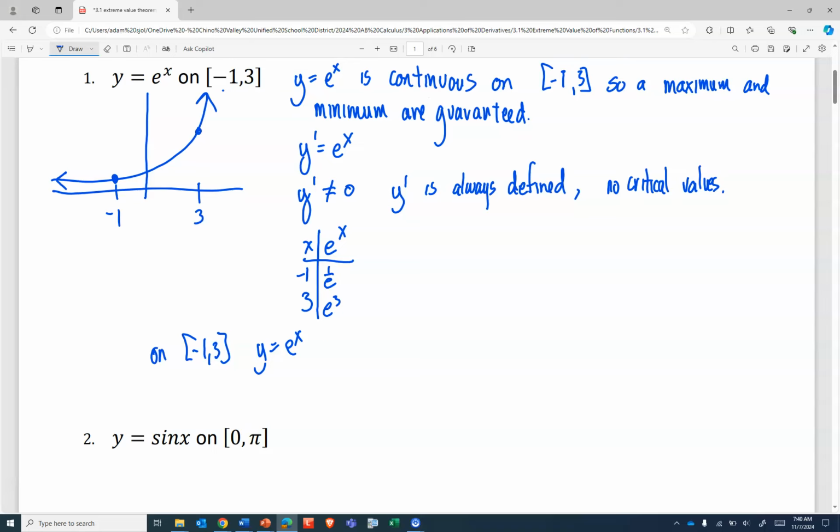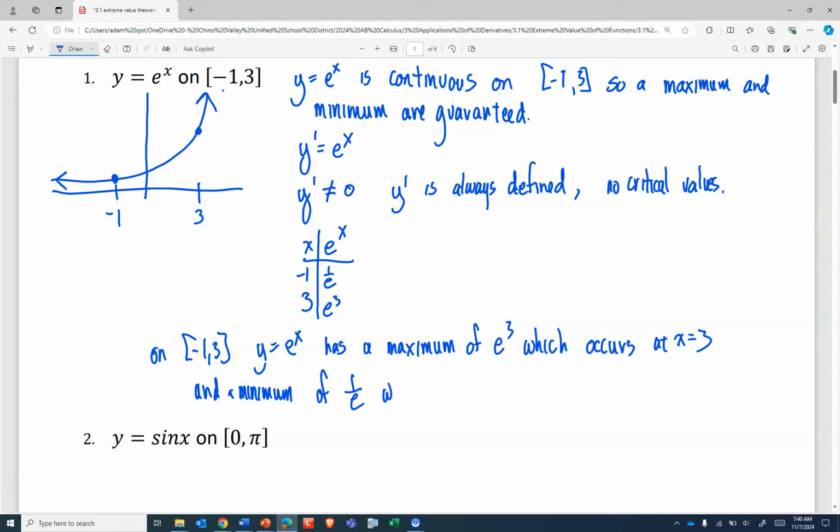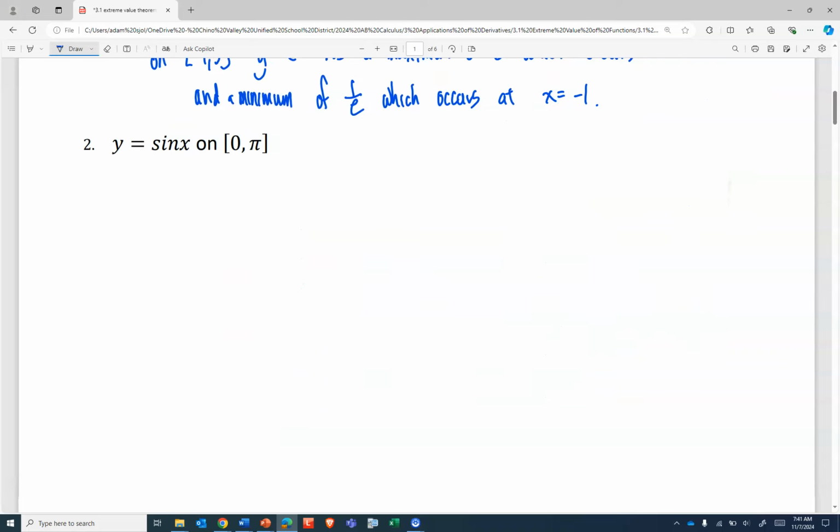Y equals e to the x has a maximum of e cubed, which occurs at x equals 3, and a minimum of 1 over e, which occurs at x equals -1. Okay, moving on to the next one.